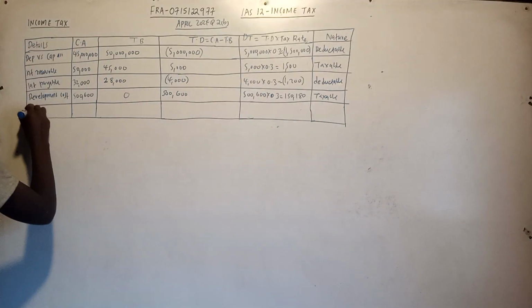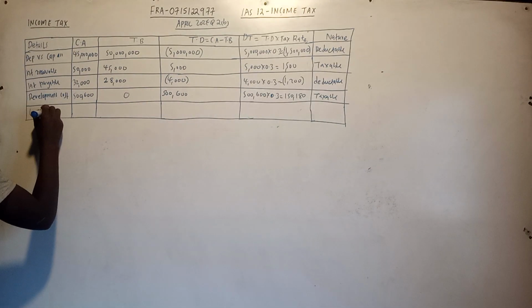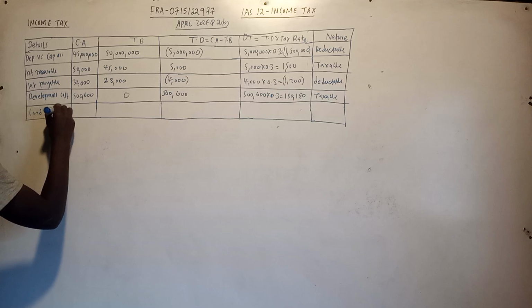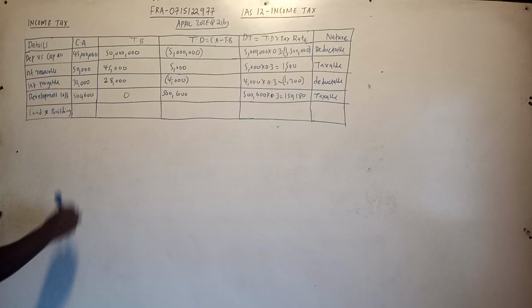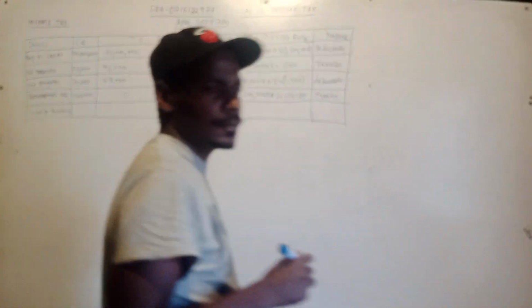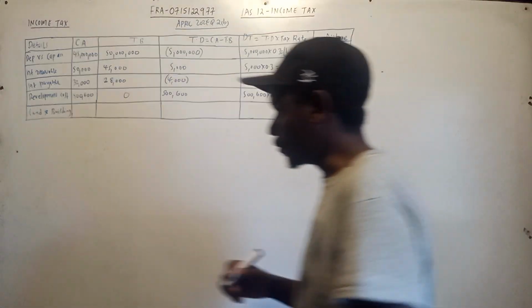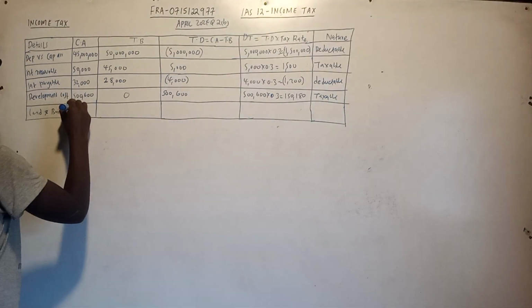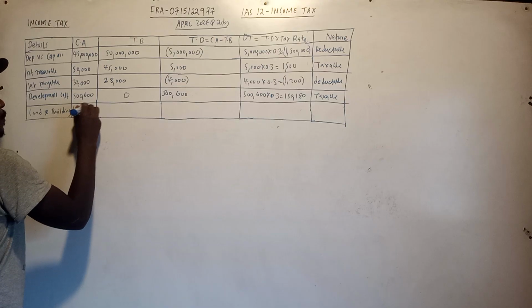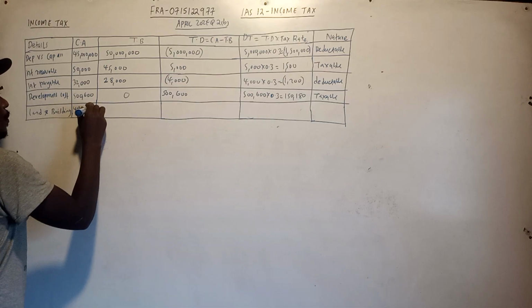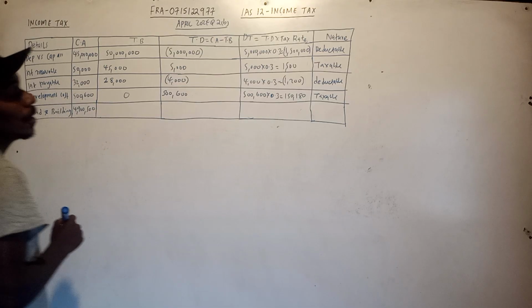So we have land and the building. Now the cost was how much? The 49,00500.